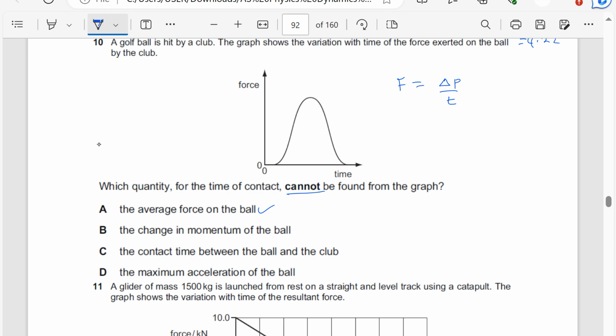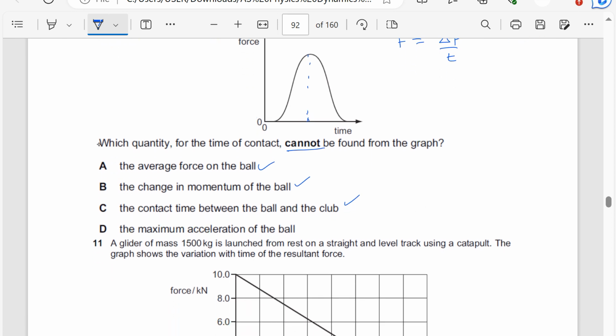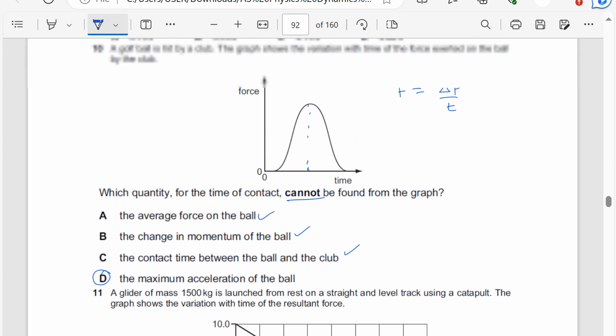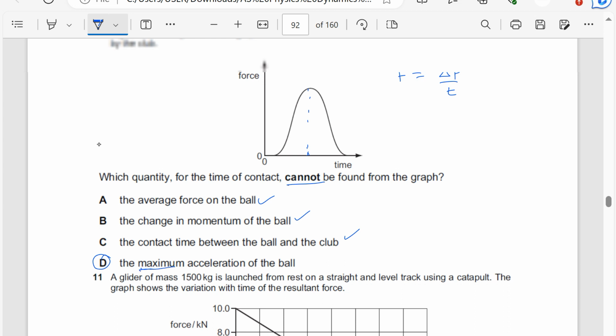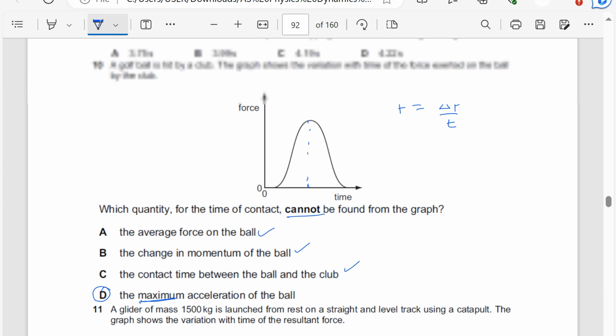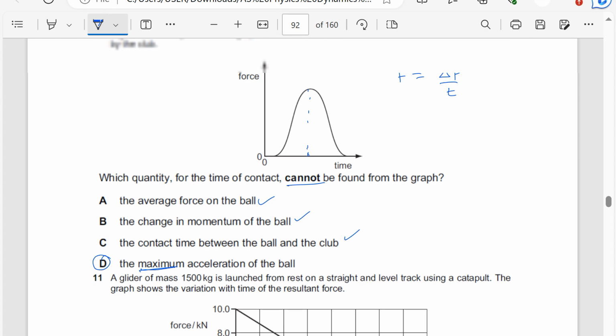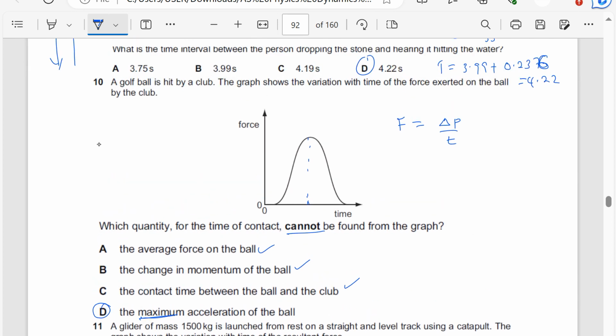Then the change in momentum, since force is the rate of change of momentum, we can find from the graph. The contact time between the ball and the club, we can find from the graph. Then the maximum acceleration of the ball, we cannot find from the graph. We can find the acceleration, but not the maximum acceleration, because the resultant force is equal to the rate of change of momentum.